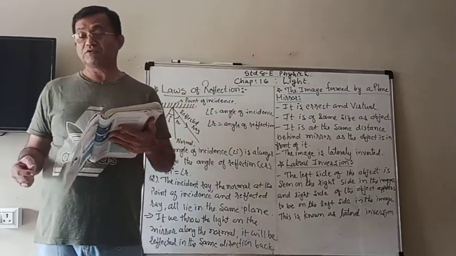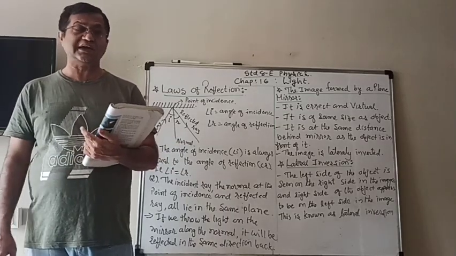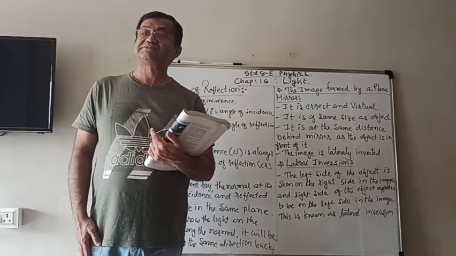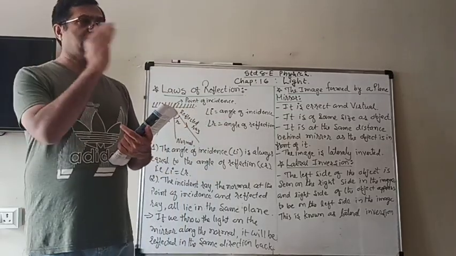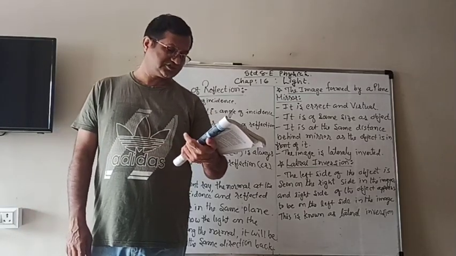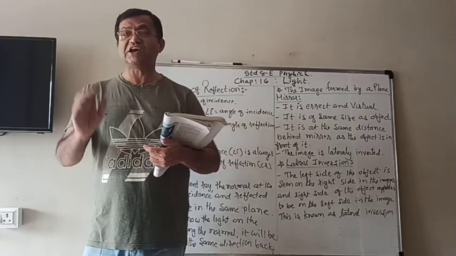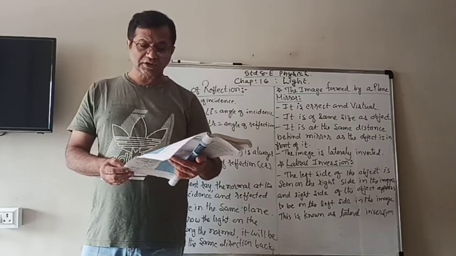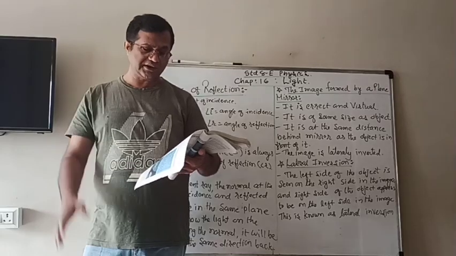reflection. A mirror means a very highly shiny object, and even a glass can act as a mirror. When light falls on highly polished surfaces, it changes direction, and that phenomenon is known as reflection of light.